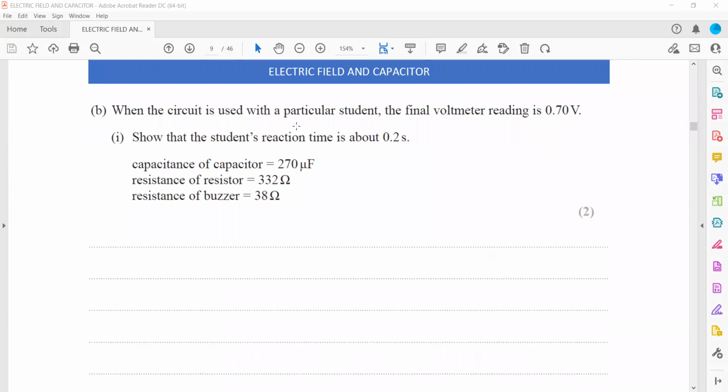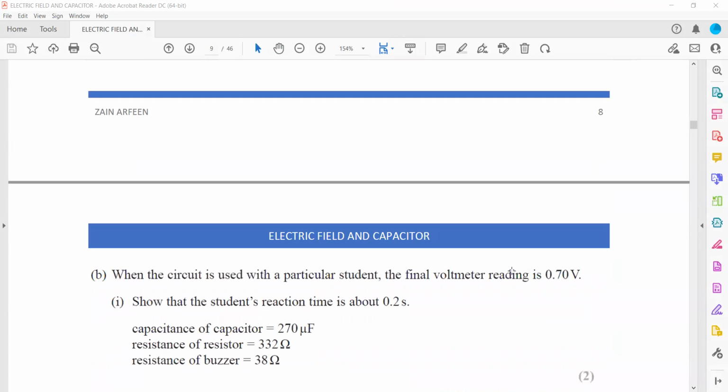In part B, when the circuit is in use with a particular student, the final voltmeter reading is 0.7. Show that the student's reaction time is about 0.2 seconds. The resistor is 332 ohms, the buzzer is 38 ohms, and the capacitance is 270 microfarad.